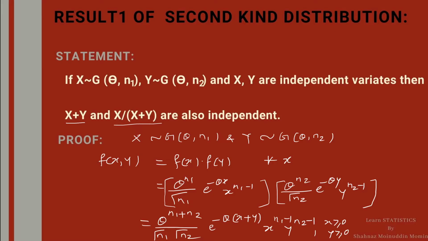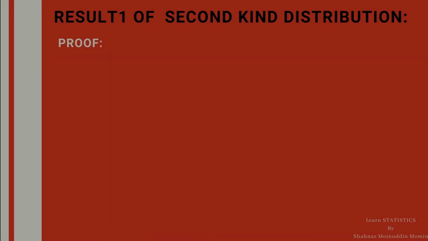Now we shall define the new variables u and v. Let u equal x plus y and v equal x upon x plus y. Here I have defined two new variables since we are going to work with the two variables x and y.